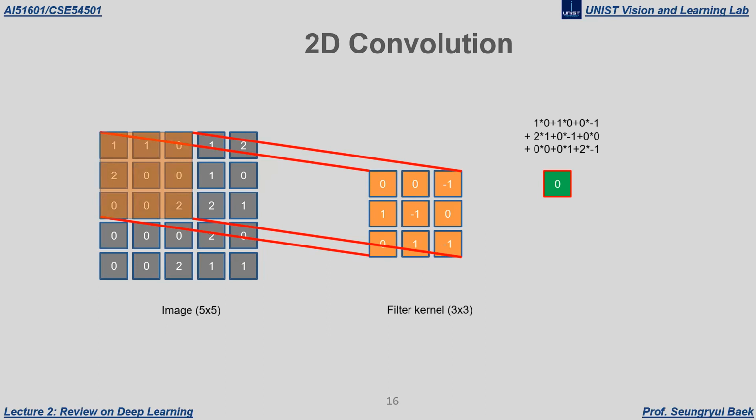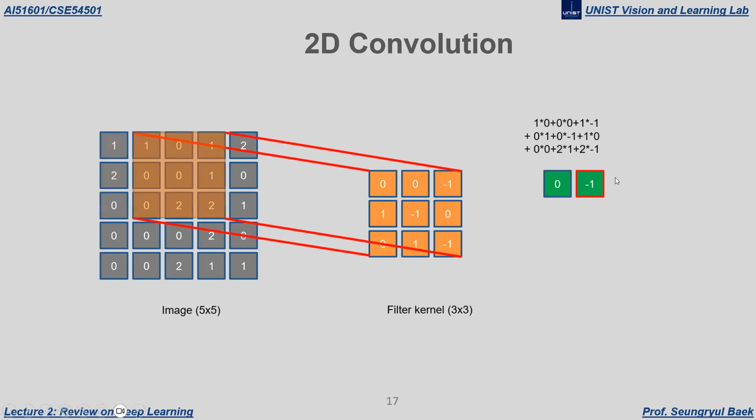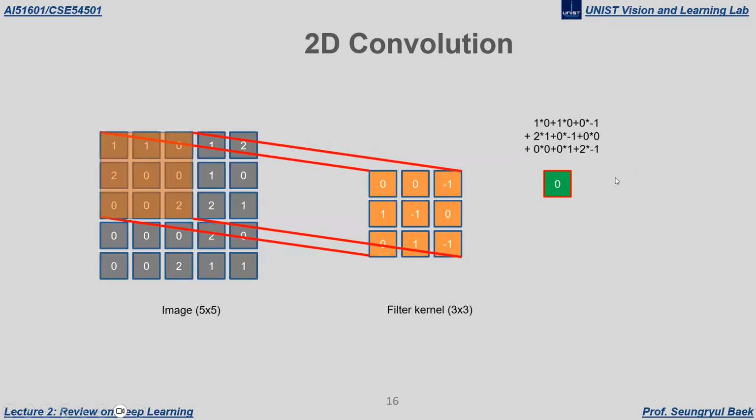What 2D convolution does here is, from the image, we overlay the filter on the left and topmost place in the image. Then we element-wise multiply the 9 pixels in the image with the filter kernel.